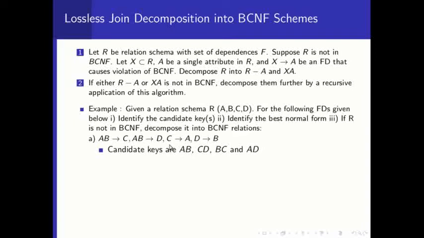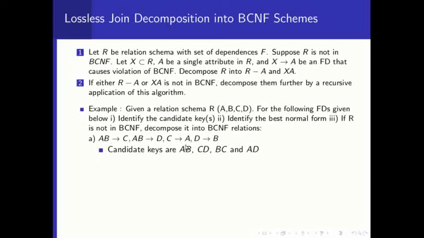C alone is not a key as well as D alone is not a key. Because of these two FDs, this relation schema is in third normal form. Why third normal form? There is no partial dependency here. The dependencies are C determines A as well as D determines B, where the right hand side is part of the key.